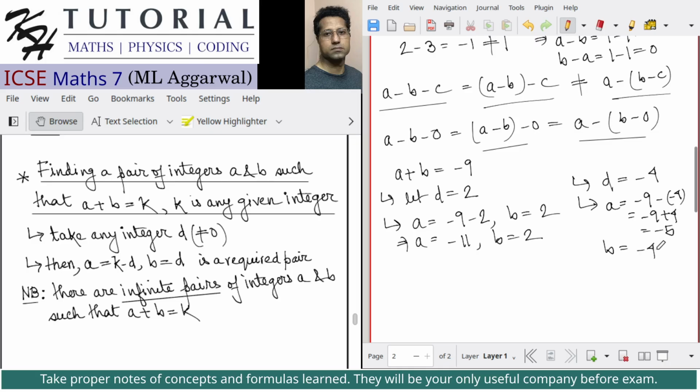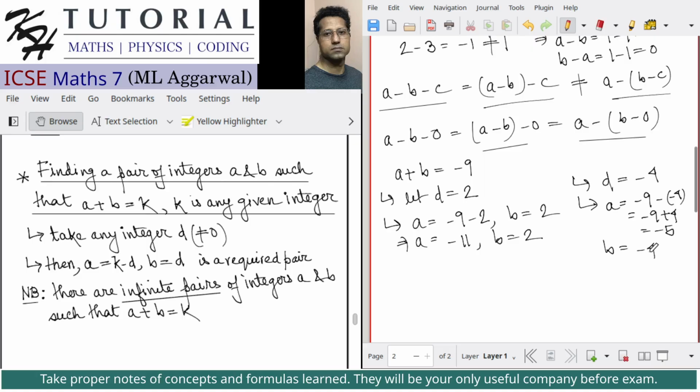Now there is a point to note that if you are asked to find a pair of integers a and b where the sum a plus b is a known integer, which in the note is referred to as k, then there are infinite possibilities of such pairs.